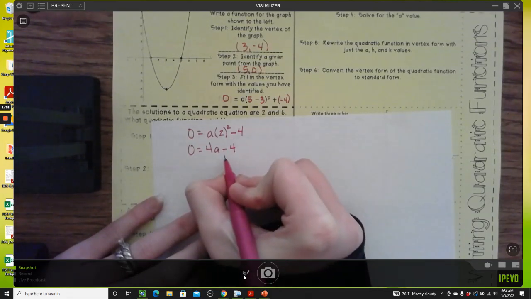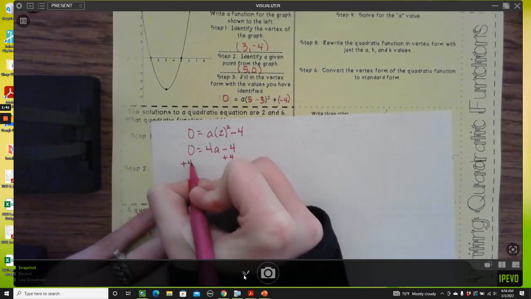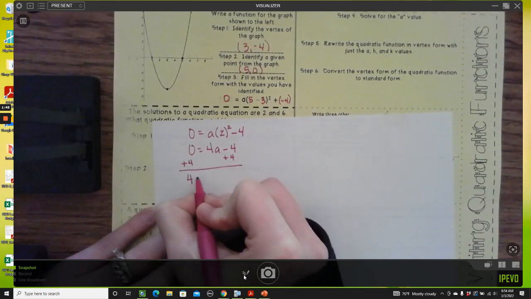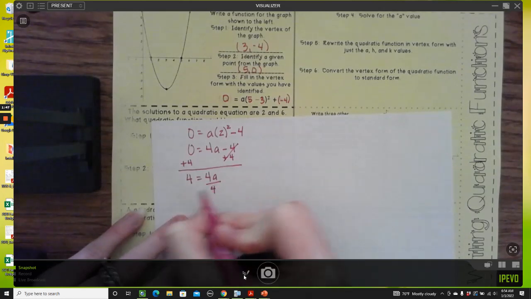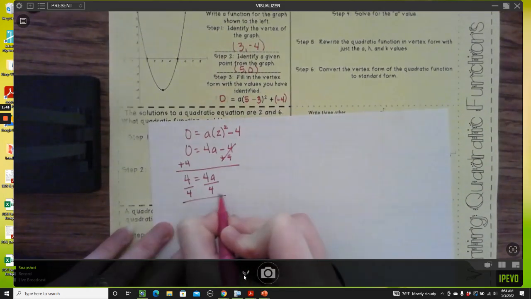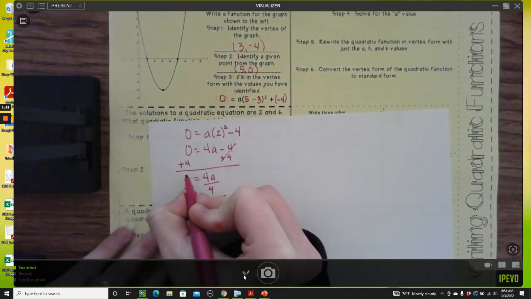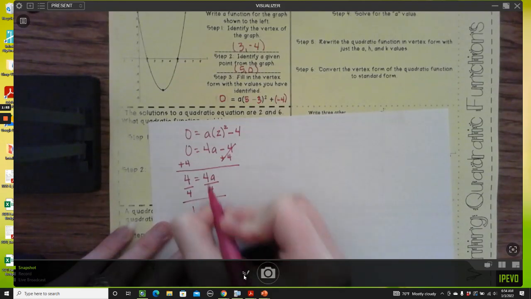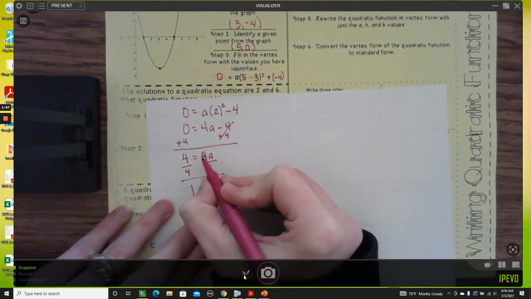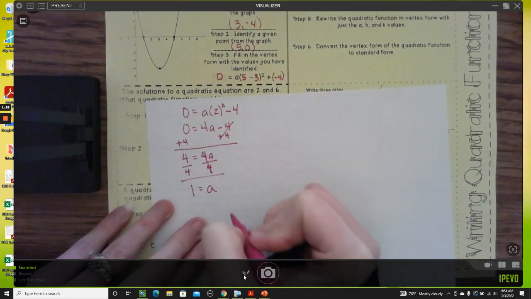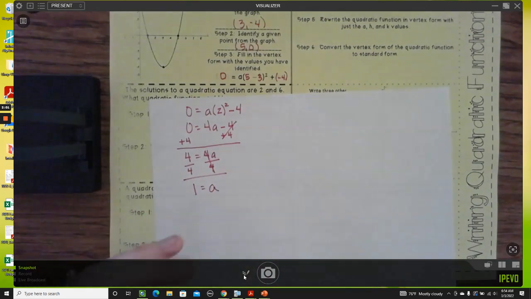Then I'm going to add 4 to both sides. So now I've got 4 equals 4a. This cancels, and then I can divide both sides by 4. So 4 divided by 4 is 1. 4 over 4 cancels, equals a. So again, when I'm canceling this out, it's really turning it into a 1.